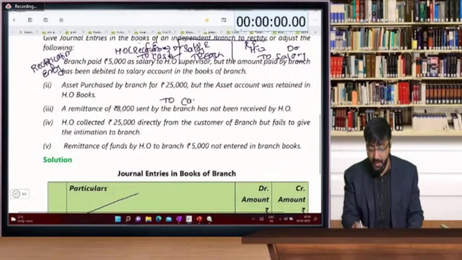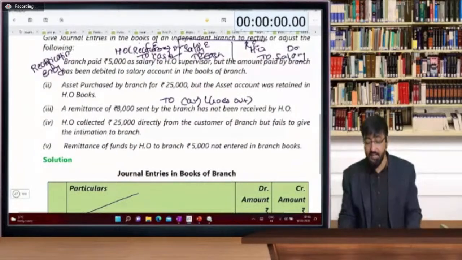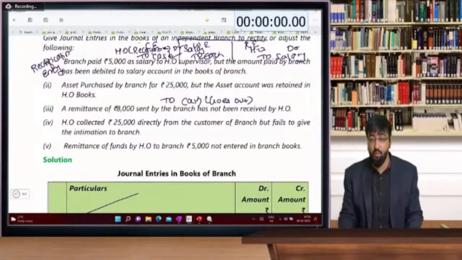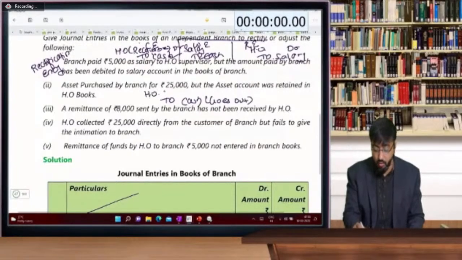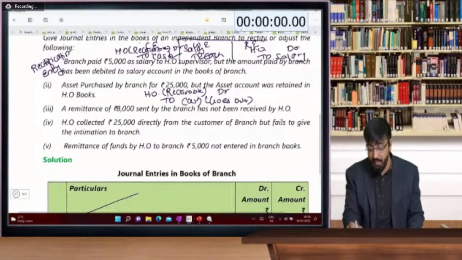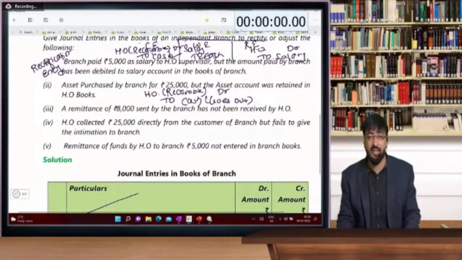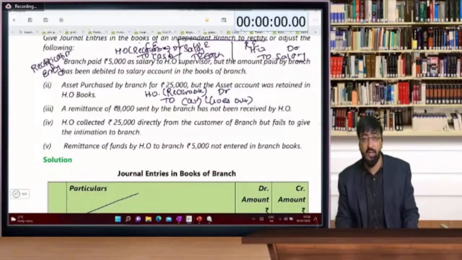Branch will pay, so cash goes out. But this asset is not maintained by branch, so whatever cash the branch paid is receivable from the HO. So HO account debited. HO is a receivable in the branch book. We are passing the entry in the books of branch: HO receivable and cash goes out.